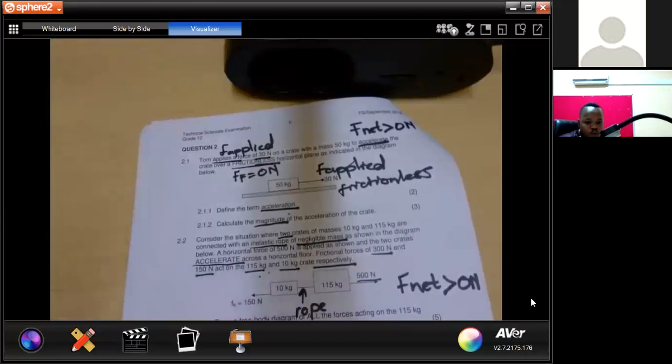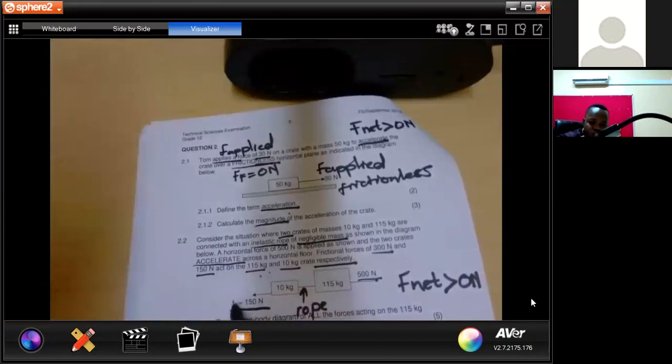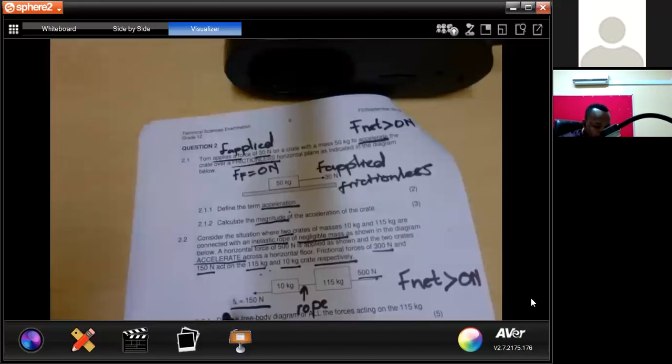And what is that on the 10 block, they've indicated to you there that that force is 150 newtons. And you know, Fk is a symbol for kinetic friction, the friction that the object experiences when it is moving.